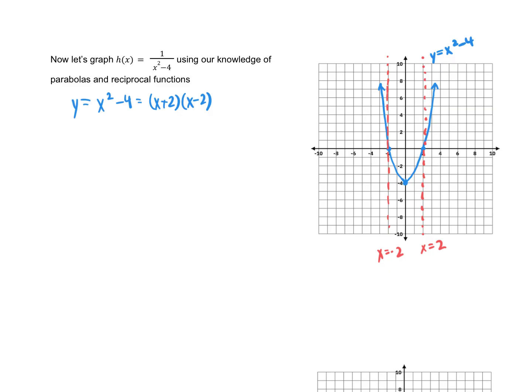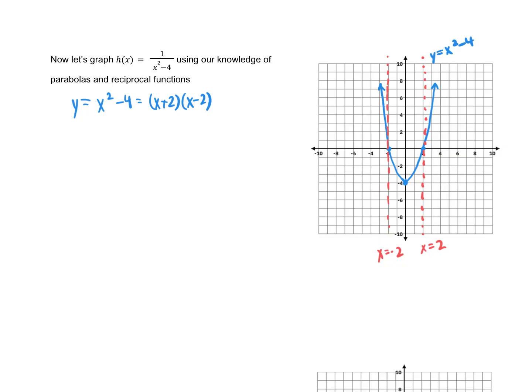And now, whenever the function was positive, so with the reciprocal. So I'm expecting, in this region where the parabola is positive, I'm expecting my function to be positive here as well. Positive here as well, but negative here, okay? And then I'm expecting the increasing and decreasing intervals to be opposites.